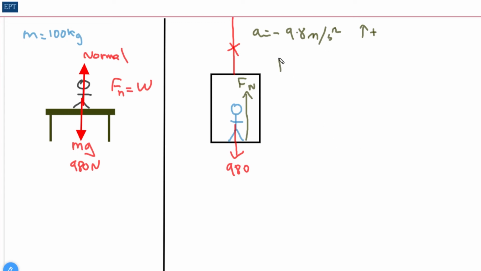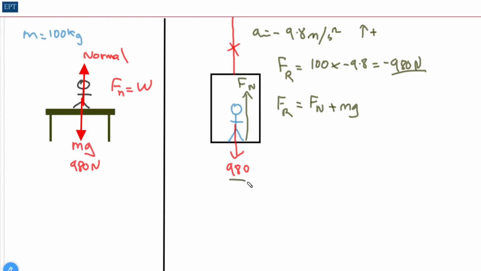Therefore, what is the net force or the resultant force acting on this person? Well, it's going to be their mass, 100 times minus 9.8, which equals minus 980 newtons. So 980 newtons downwards. And just like before, we can say that the resultant force is equal to the sum of the other forces. In other words, Fn plus mg, or the weight.